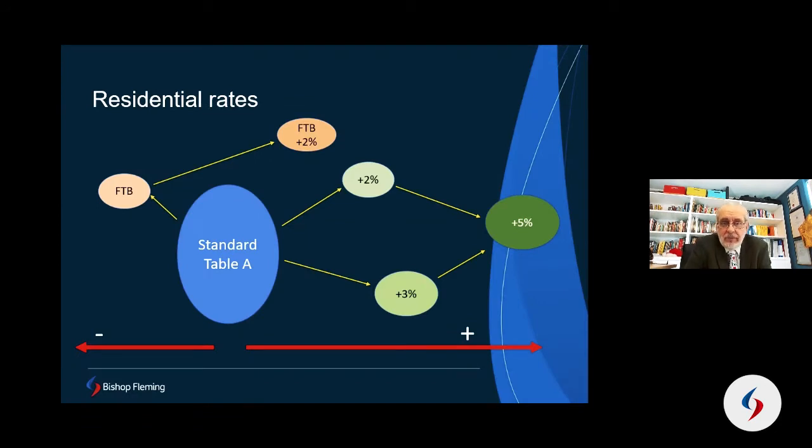So what does that give us? Well, it gives us now routinely 6 residential rates. The big blue blob in the middle is the standard table A, the normal rate we've always been applying. And to the right, we've got an increase, a 3% surcharge or a 2% surcharge, or both together, increasing the rates by 5%. We can reduce the rate if we've got a first-time buyer, but we've got to take into account now that a first-time buyer might be paying 2% on top, which is worse than the standard table A, but better than the standard plus 2.